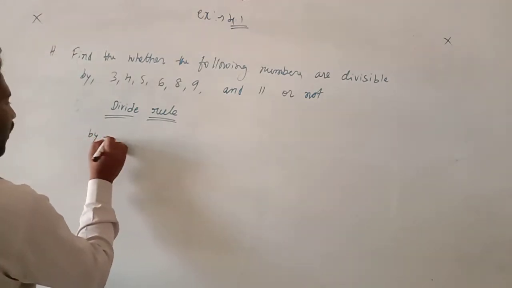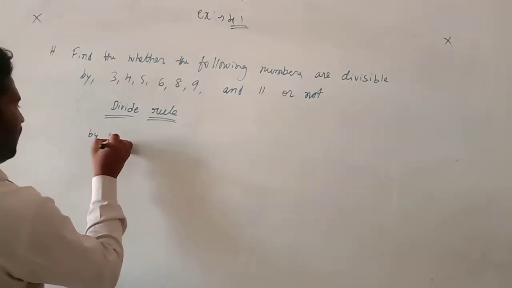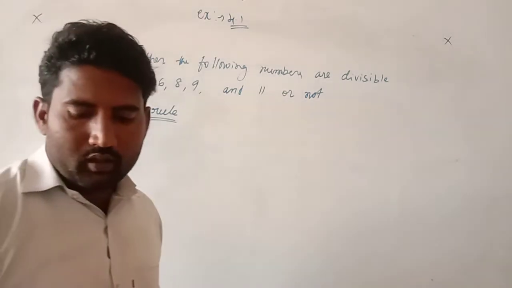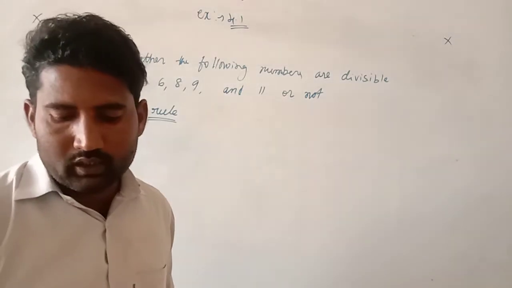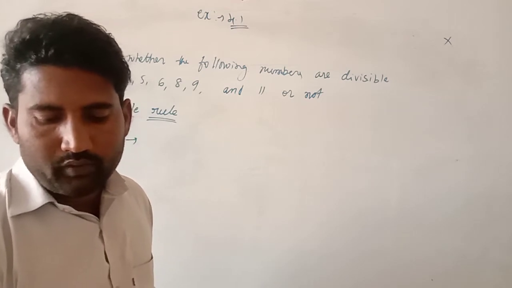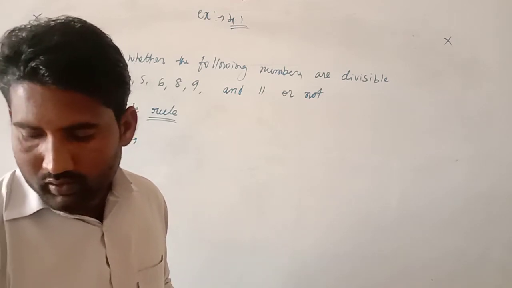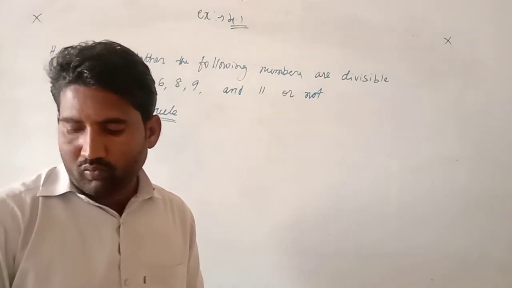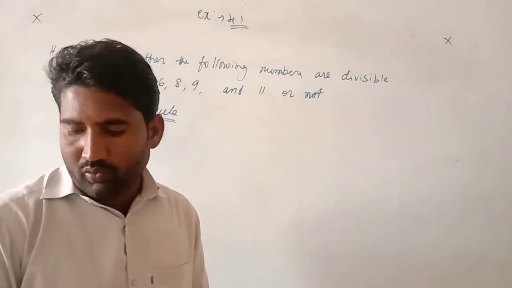Which numbers can be divided by 4? If the last 2 digits of a number are divisible by 4, then the whole number is divisible by 4.